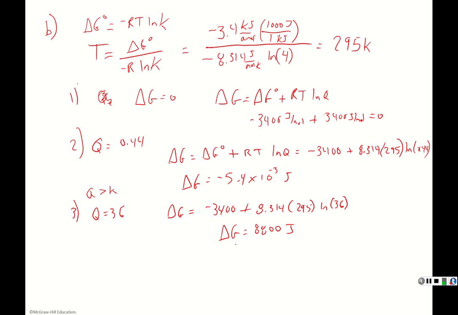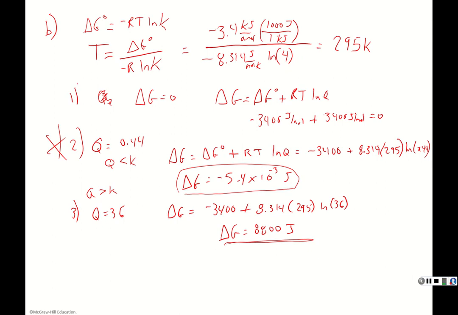That means it's not spontaneous the way it's written, so delta G is going to be a positive value. So the one that's most negative is condition 2. We have a case where Q is less than K. Q less than K means you need more products to get to equilibrium, and that means it's a spontaneous reaction the way it's written, and delta G is going to be a negative value.